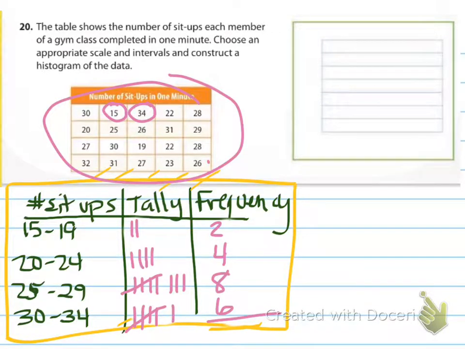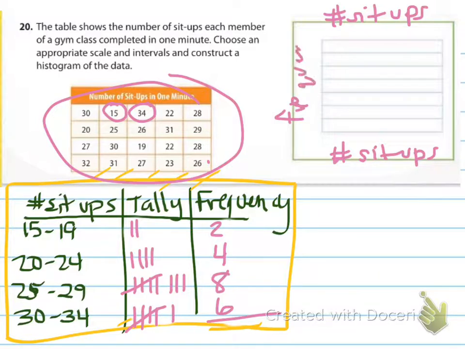So now I'm going to make my frequency table, and I have to title it. It's going to be number of sit-ups. Number of sit-ups will be my horizontal line as well. And then this will be my frequency. If I could spell it sideways, I would. Frequency. Trust me, that's what it says. And now I'm going to put my intervals in.